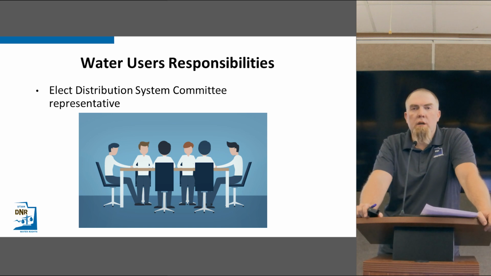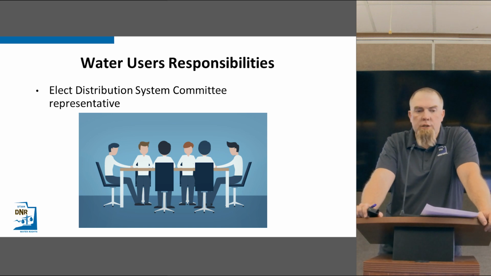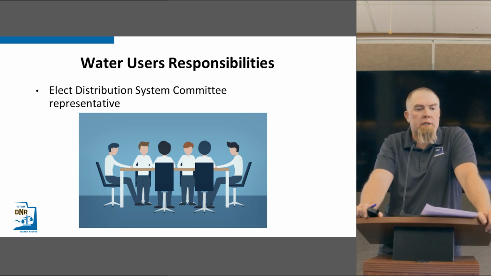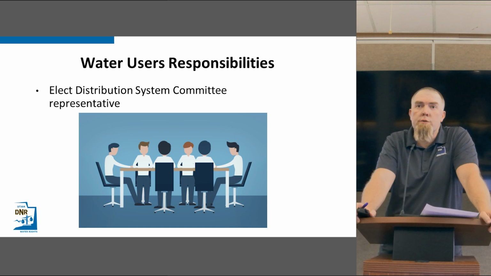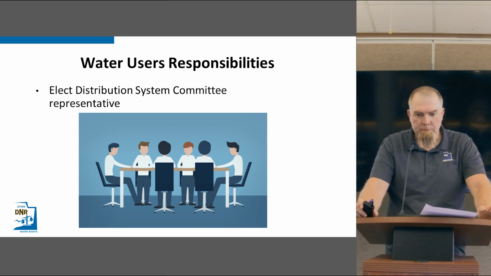Another responsibility of water users is to elect a distribution system committee. As you can imagine, some of these systems hold 200 water users, so we'll have committees organized in order to be a little more productive with some of their responsibilities. We'll get into those.